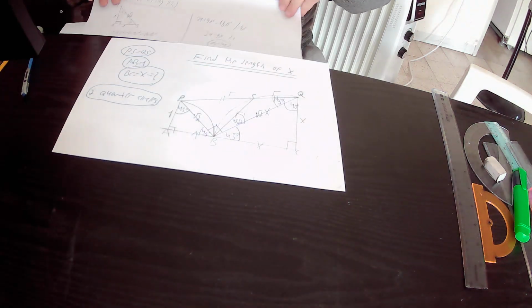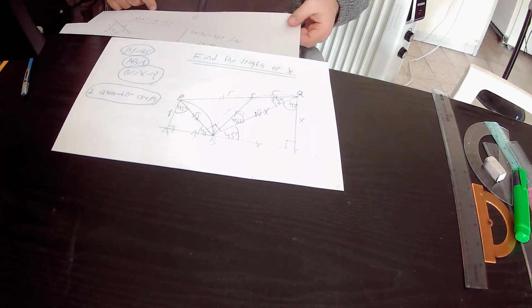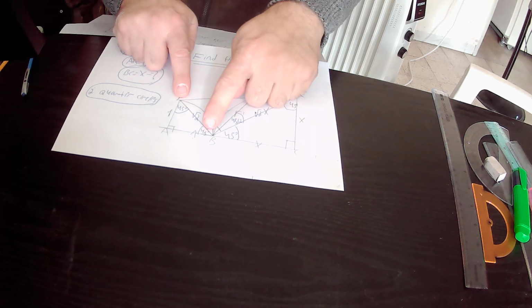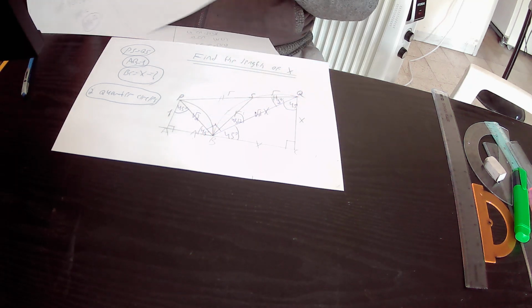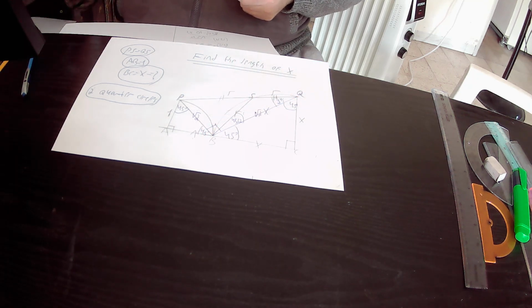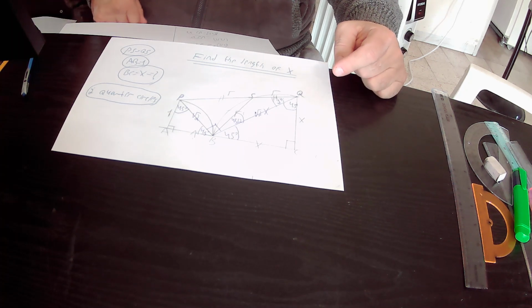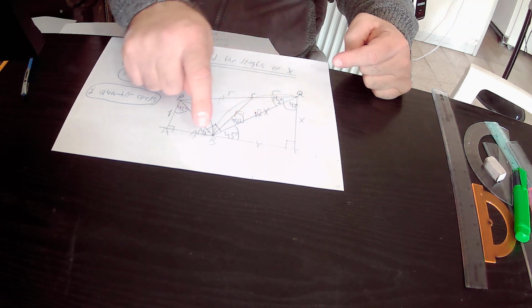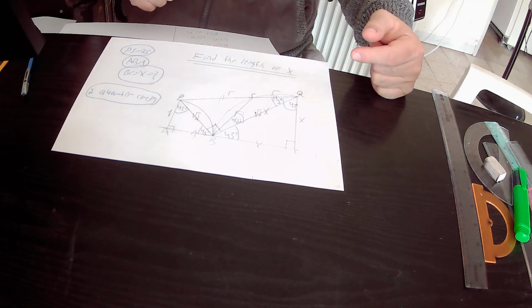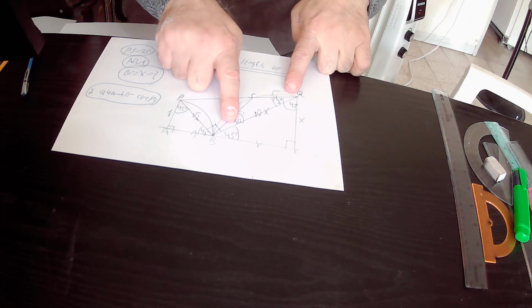So we can write here that this angle equals 90 degrees, and this angle also equals 45 degrees, and this angle also equals 45 degrees. Okay. And in the right triangle QCB, those two angles also must be equal to 45 degrees.